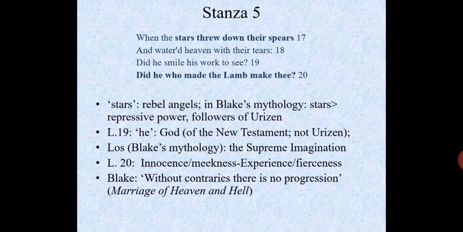This is the first explanation, but there can be a second explanation. For in Blake's mythology, the stars represent the fallen angels. Now think of the creator creating the tiger, and then the stars, the rebel angels, objected against it, and they are trying to create resistance in the path of the creator.